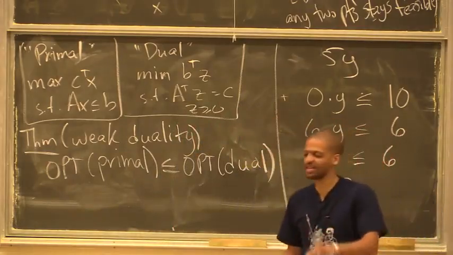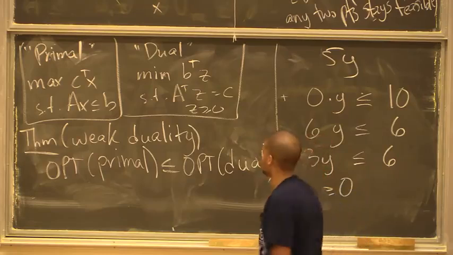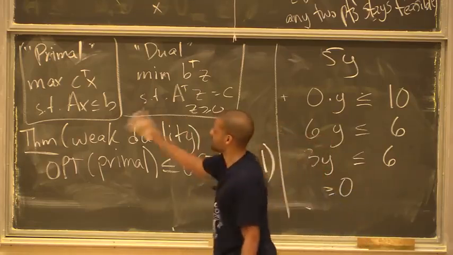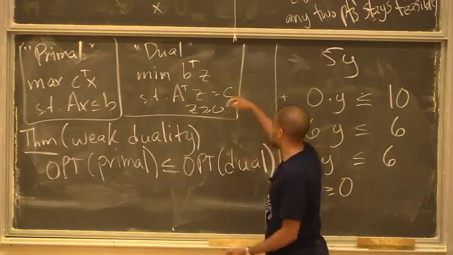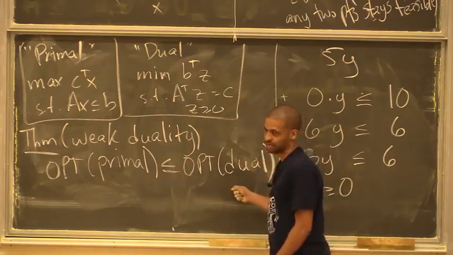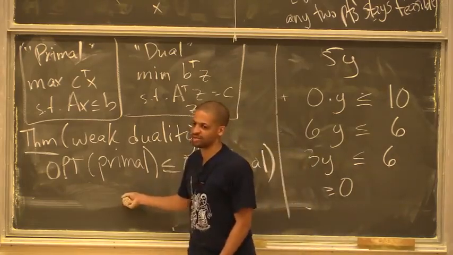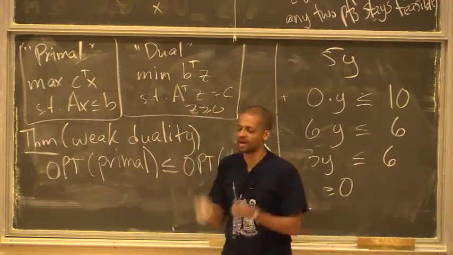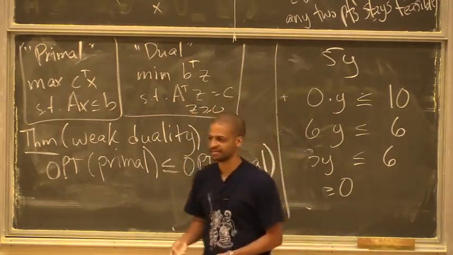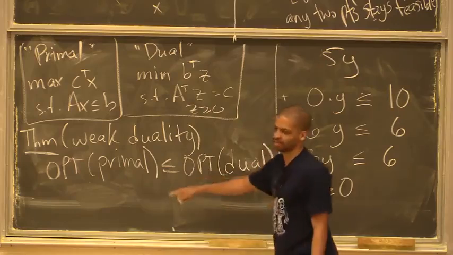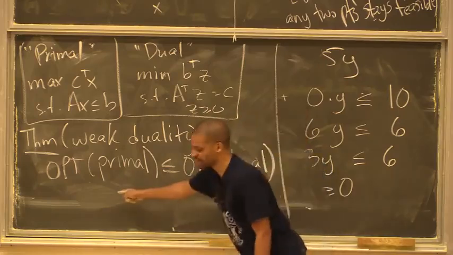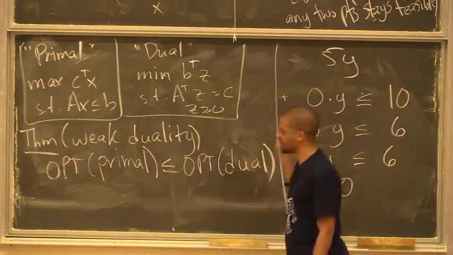That's kind of by definition, right? We constructed the dual in such a way to ensure that any solution to the dual costs at least as much as any solution to the primal, because the dual was constructed to give upper bounds on the amount of money we can make. So it's not just true for the opt, it's true for any solution. Any solution to the primal is upper bounded by any solution to the dual.